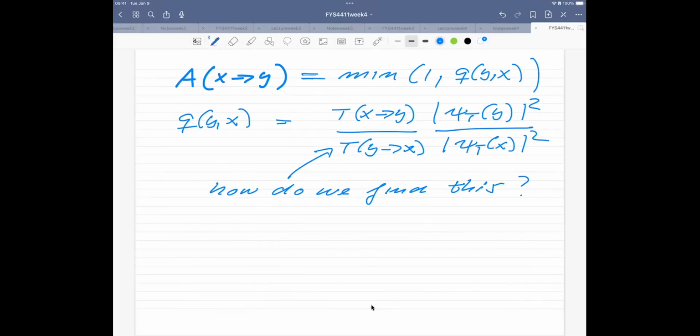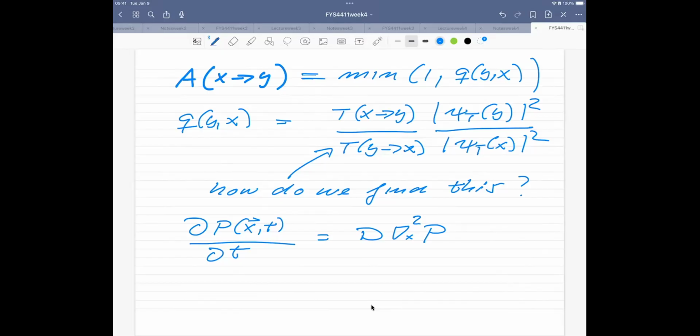So let me just give you the result, and then we are going to derive the equation. The diffusion equation is: you have some probability or some function P of x and t, and the derivative with respect to t is given by some diffusion constant times the second derivative with respect to x of this function P. This is the diffusion equation.